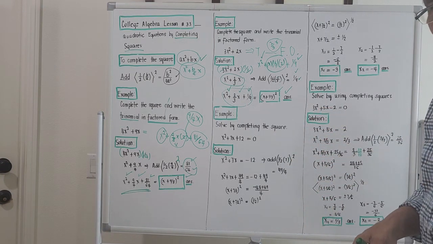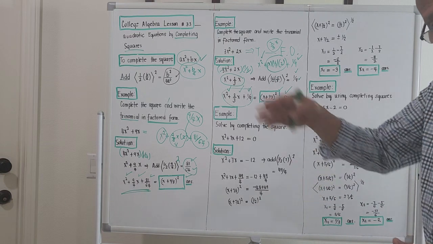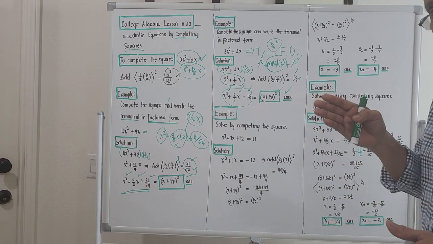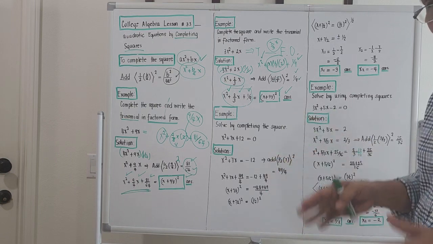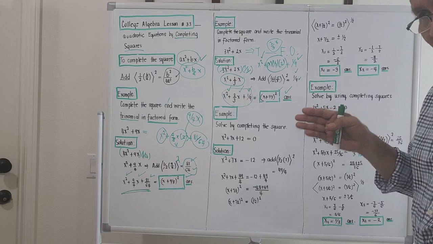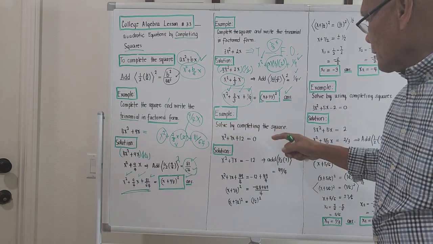But for tonight, we'll do first the solution by completing squares, and the next lesson will be a solution using the quadratic formula. We will derive the quadratic formula by using the so-called completing squares. But for tonight, we will be presenting a solution by completing squares. Okay, example number 1. Solve by completing the squares.